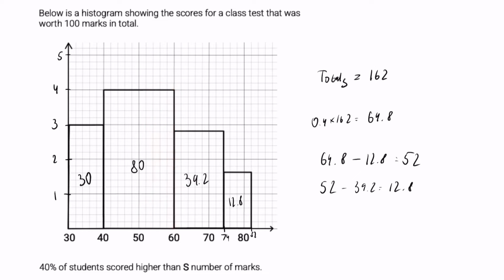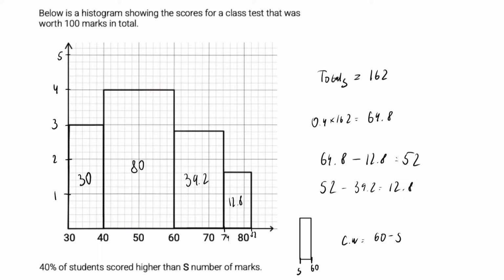Now we don't know exactly where S lies, so if I were to draw this rectangle here, I would represent S in here, but I know that this would be 60. So the class width of this bar would be 60 minus S. Now the height, we know for sure, is 4.